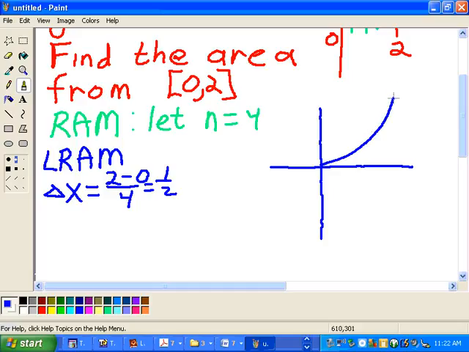So we're going to go. That squiggle on top is supposed to be a 3.